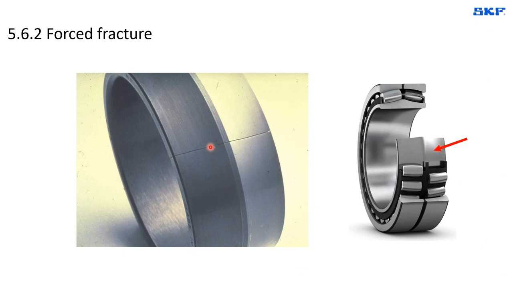And if the drive up or the axial displacement is excessive, the expansion of the ring will reach the limit of the material strength, and then it can develop into a fracture.